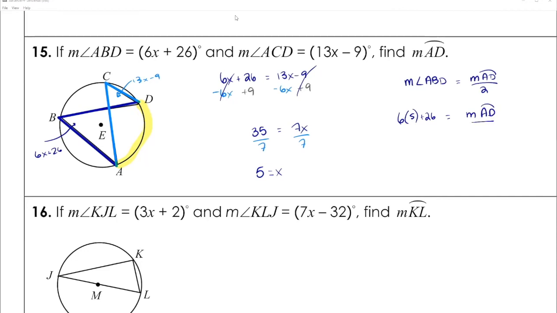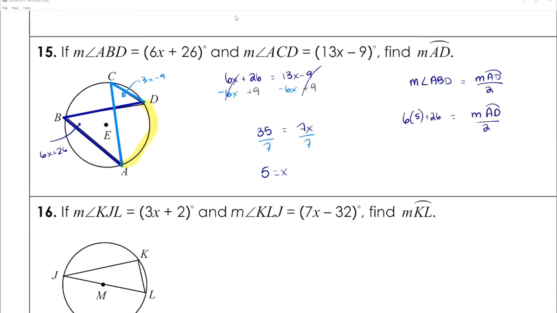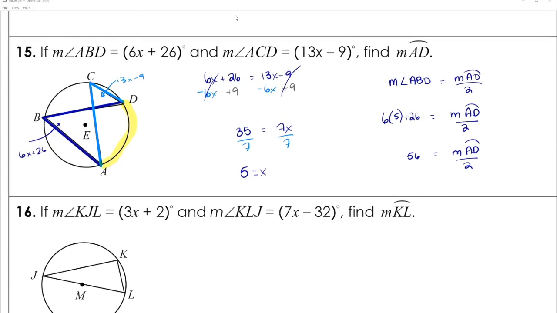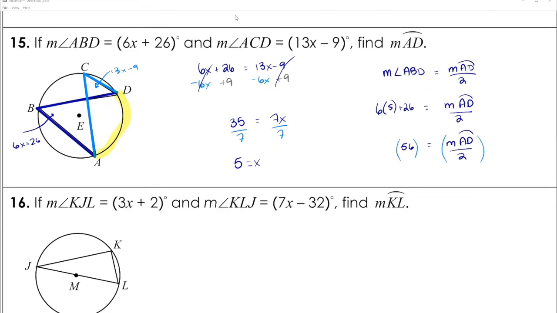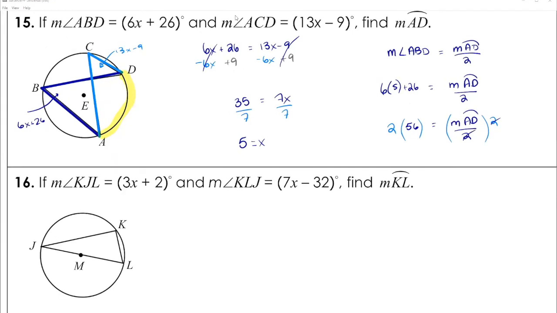We substituted the value we found for x. 56 equals arc AD divided by 2. And then to get arc AD by itself, multiply both sides by 2, just to clear that denominator. So essentially all we did was multiply that angle by 2. So our answer is 112 degrees.